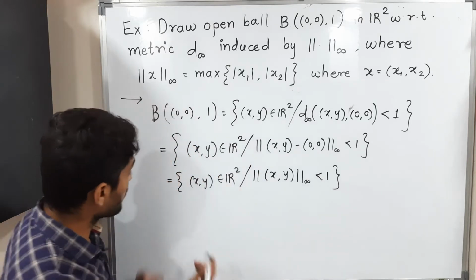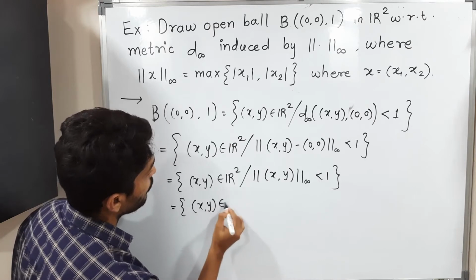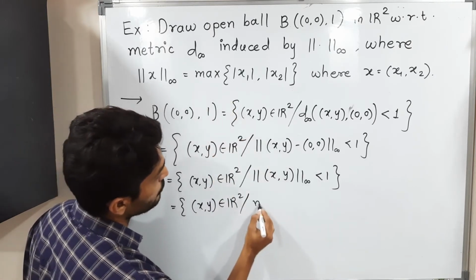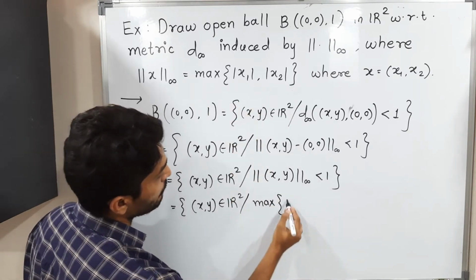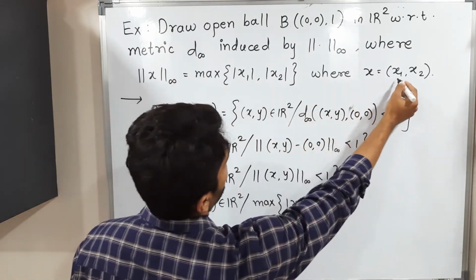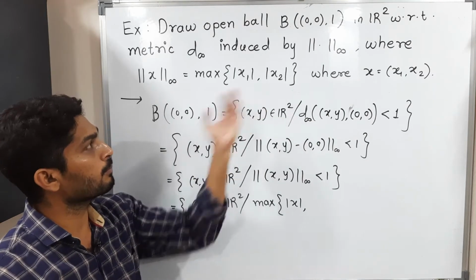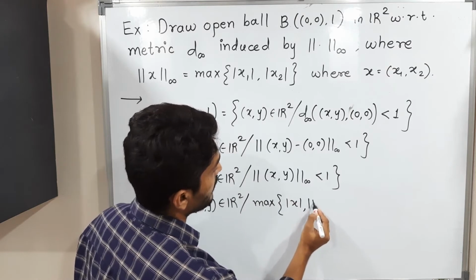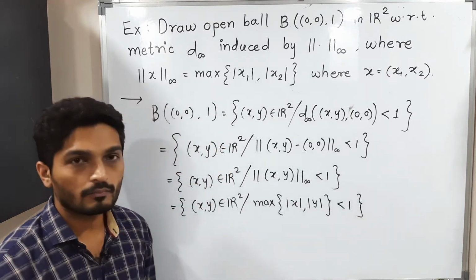Tell me, what can I write using the definition of norm infinity? (x,y) belongs to R2 such that the definition says maximum of mod x1, mod x2. If we have x1, x2 we write maximum of mod x1, mod x2, but when we have (x,y), obviously we write maximum of mod x and mod y. This is less than 1.